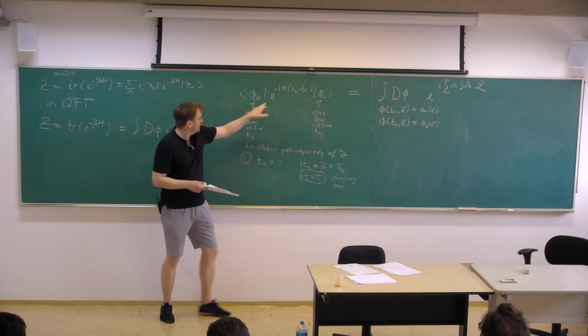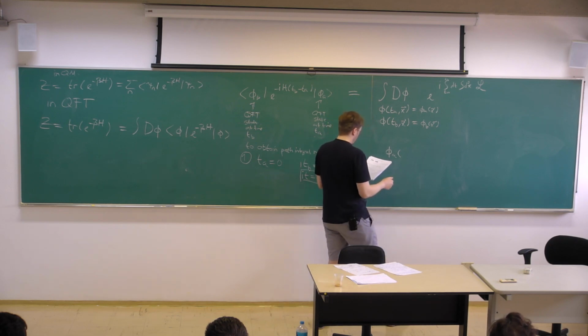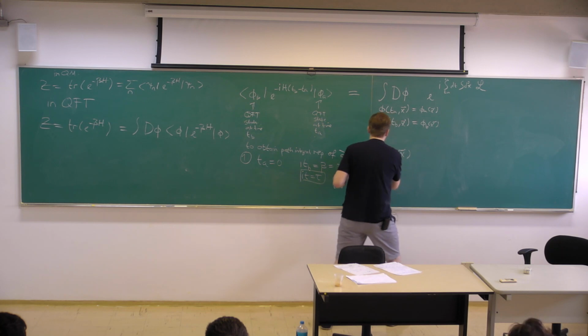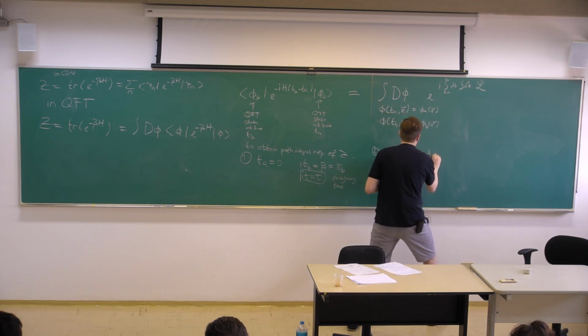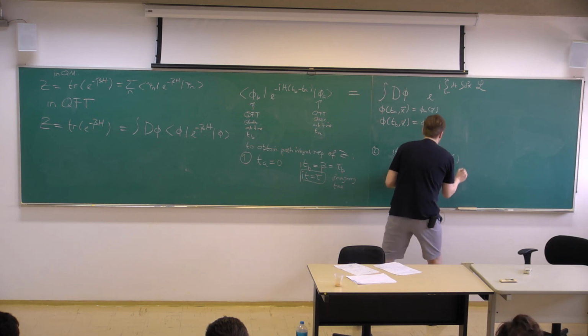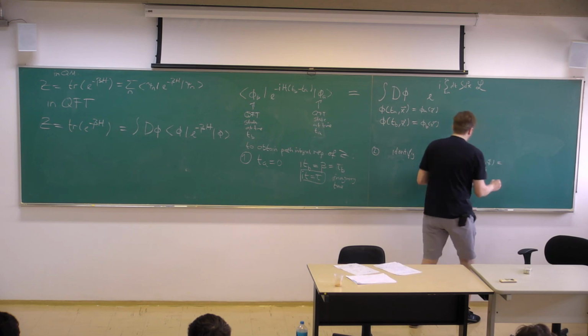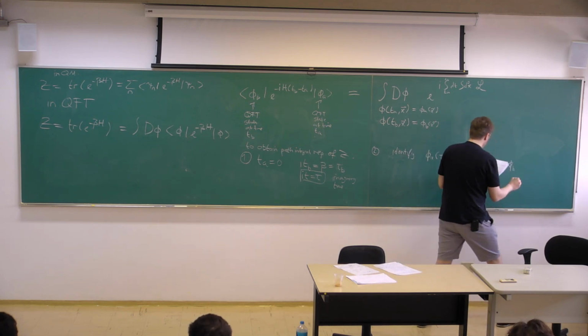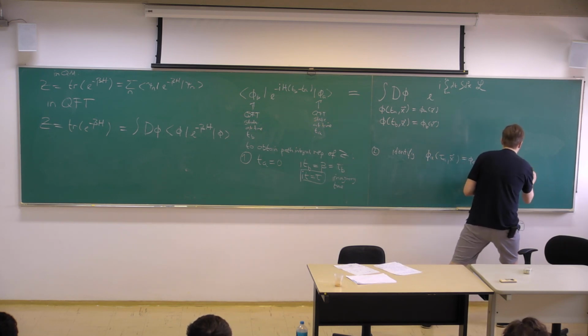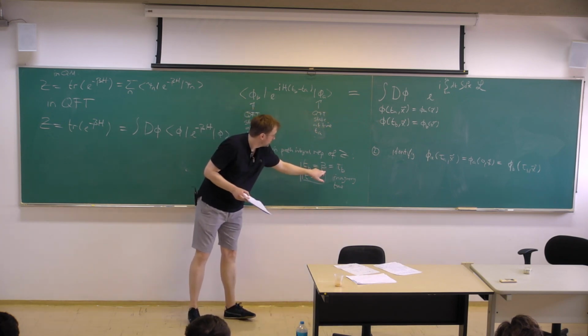First of all, I have to identify phi A and phi B. So I identify phi A at some time tau A, x, where we set tau A to 0, with phi B, the other configuration, at the time tau B, x. You see tau B is beta.